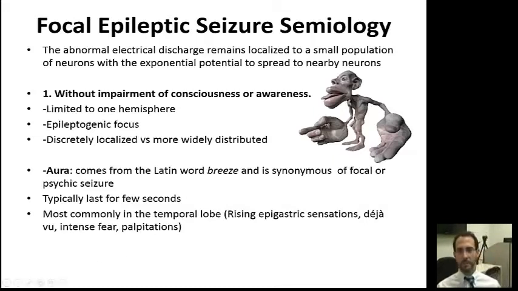The purpose of this picture here, though it looks kind of funny, is basically to let you know that there is a topography in the cortex of the brain. Each part of the brain is controlling different parts of your body, including the face, the mouth, tongue.